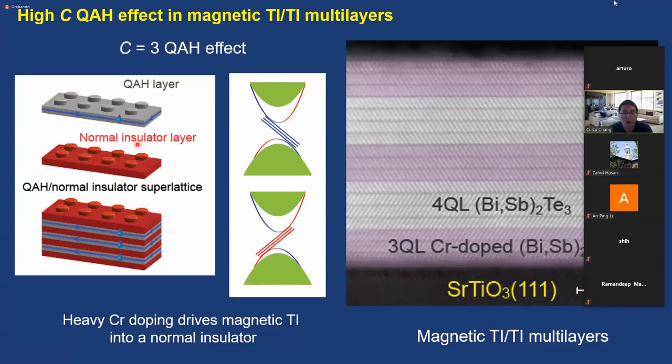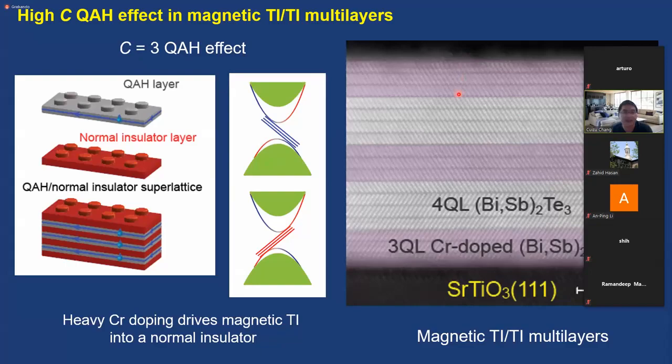So here we take heavily doped magnetic TI film. We noticed that if you dope a lot of chromium in the TI film, the chromium doping will reduce the spin orbit coupling and drive the magnetic TI to a normal TI layer. But the heavily doped magnetic TI shares the same structure as the TI, so this is very helpful for the MBE groups. This gives the C equals 3 quantum anomalous Hall effect.